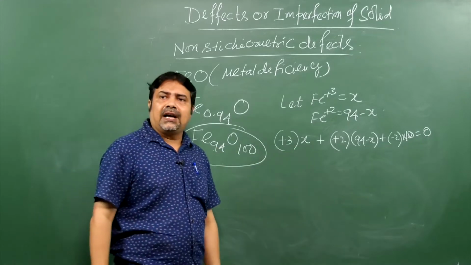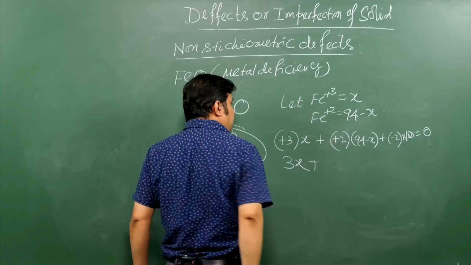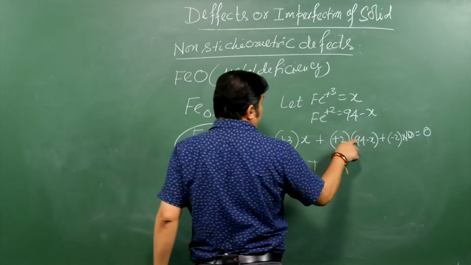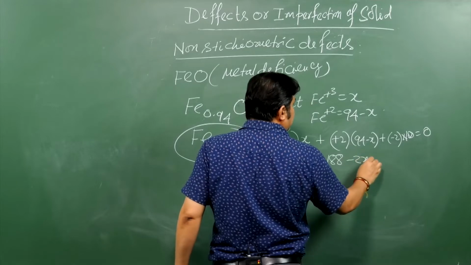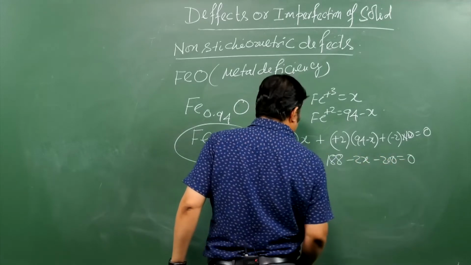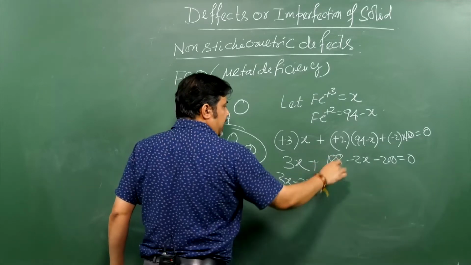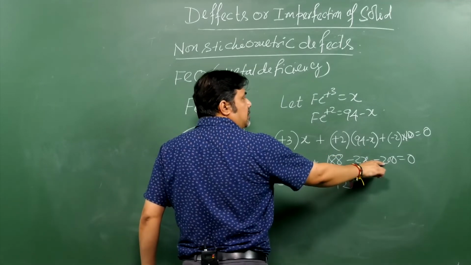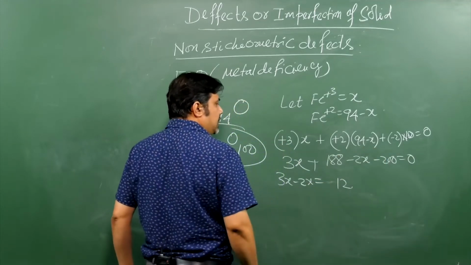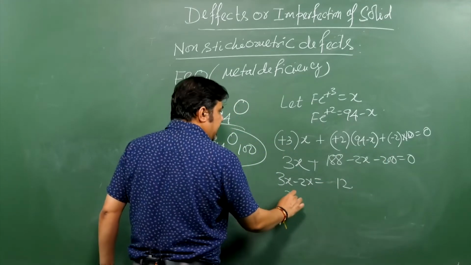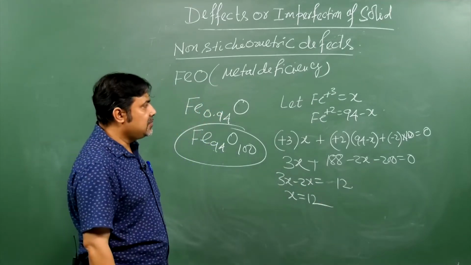From there we will get the value of x. 3x plus 2 into 94 is 188, and minus 2x, minus 200, equals 0. So 3x minus 2x equals 200 minus 188, which is 12. You got the value, x equals 12.